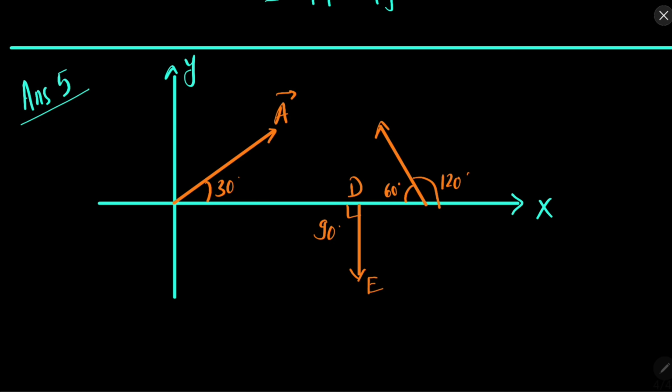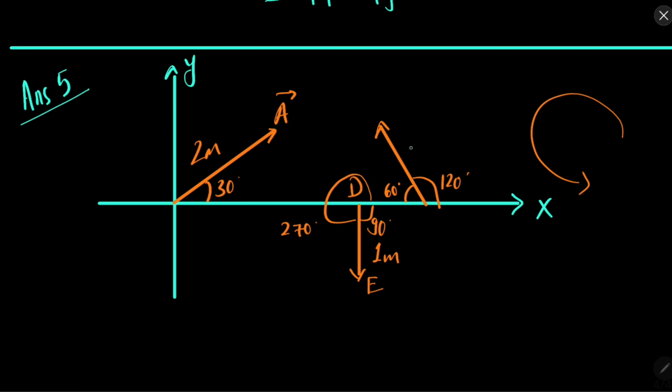What will be this? This will be 120. And one more thing, this is 90 degree from this side, so we will have 270 degree from the x-axis in the anti-clockwise direction. So remember that all the angles will be taken in the anti-clockwise direction. The magnitudes are 2 meter, 1 meter and 1.5 meter. This is BC, by the way, and this is OA.